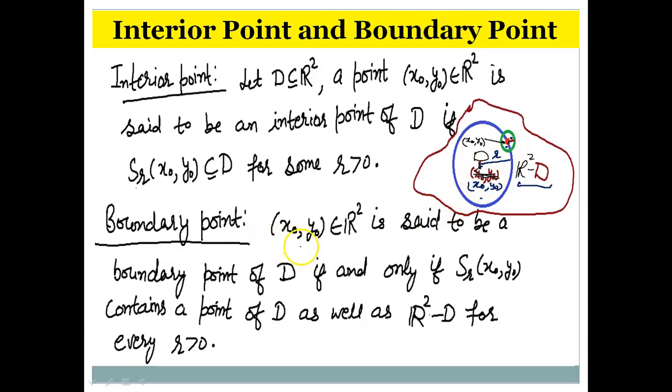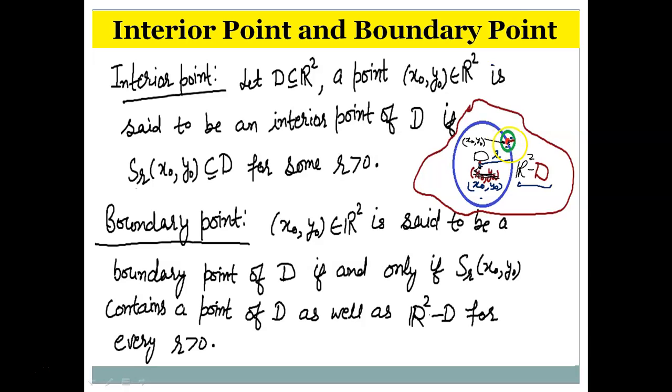So you can see the definition here. (x naught, y naught) belonging to R square is said to be a boundary point of D if and only if the open sphere contains a point of D as well as of R square minus D for every r greater than 0.